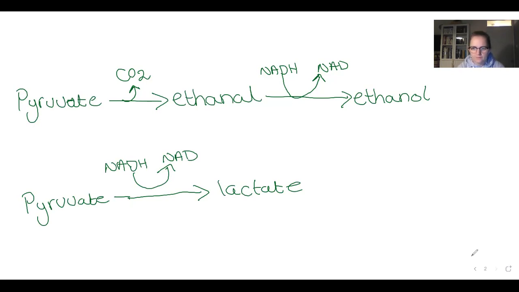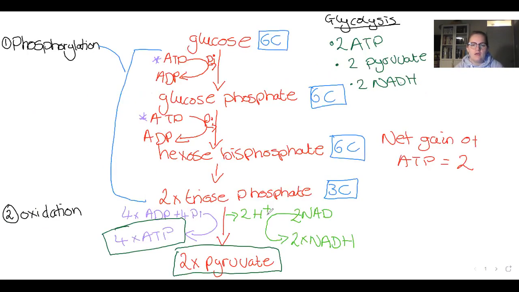So if we go back, if we're going to go through aerobic respiration, we are going to go on to stage 2. So stage 1 is glycolysis, which happens for aerobic and anaerobic respiration. The second stage then is something called the link reaction.